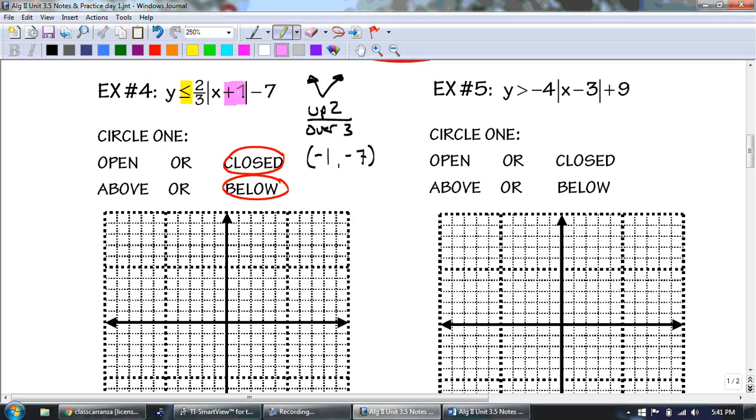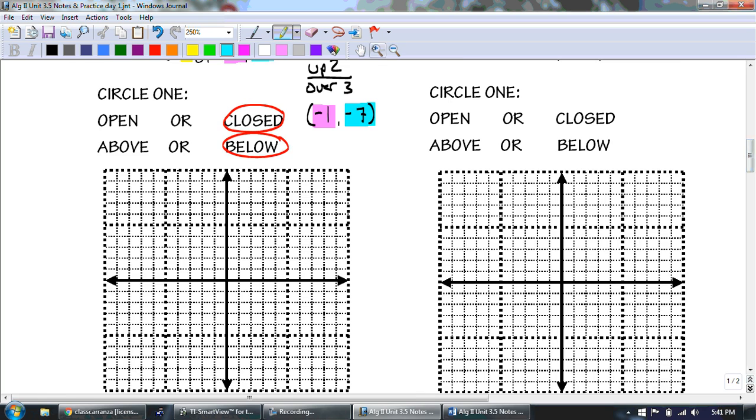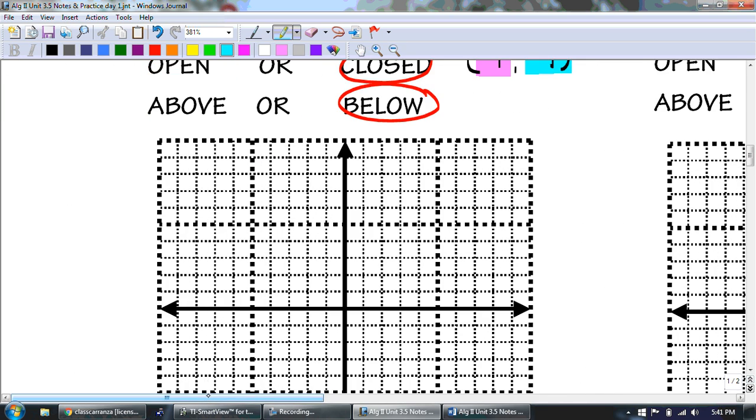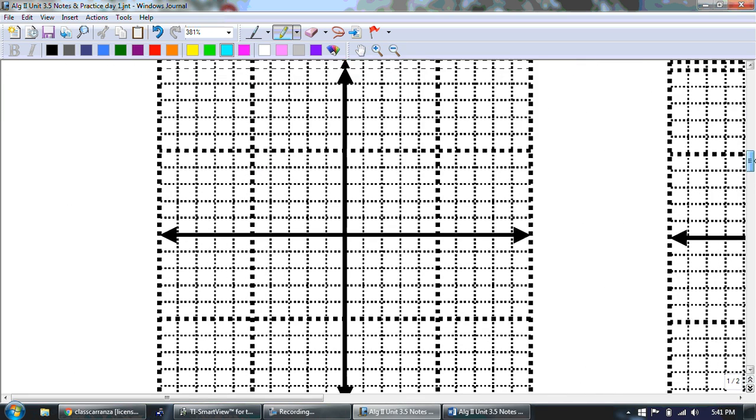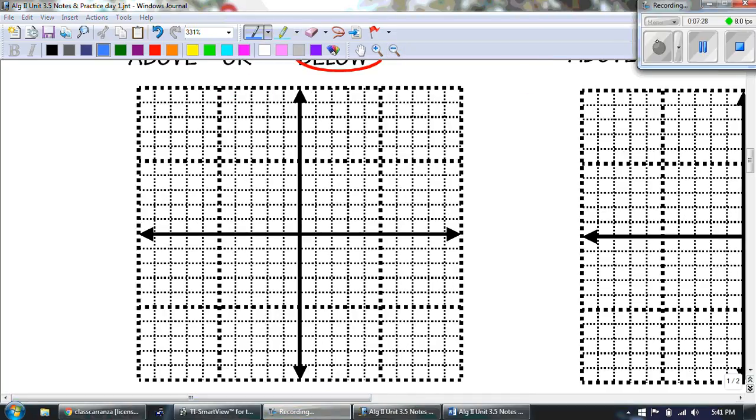Remember, we take the opposite, and then it stays the same. So we have closed points, and I'm just going to zoom in here so we can take a look at it. Okay, so here we go. We're starting at (-1, -7).